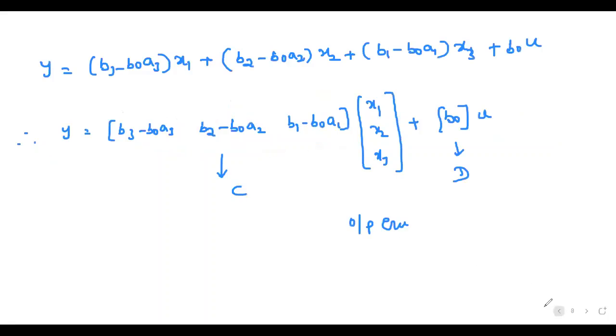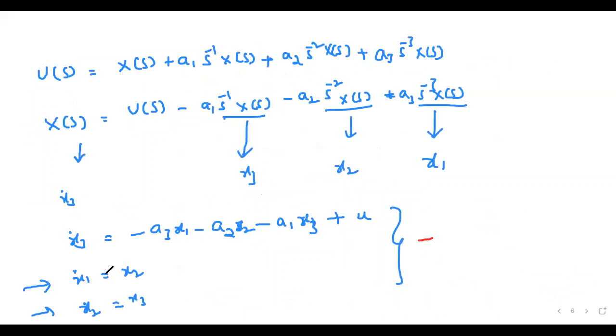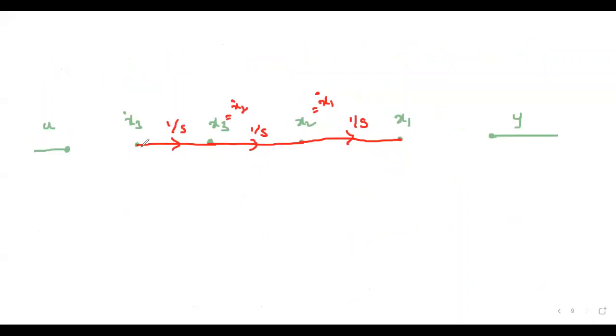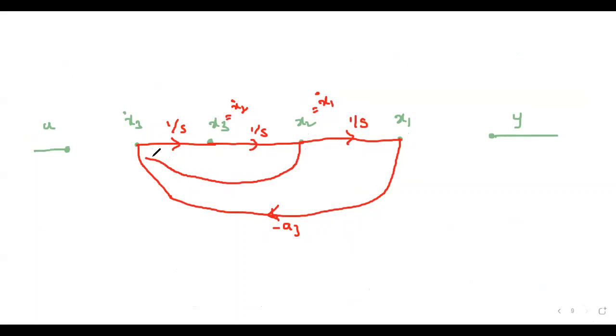Then what about x3 dot? Pallavi, can you tell this? x3 dot is equal to minus a3 x1, then minus a2 x2, then minus a1 x3, and plus u.